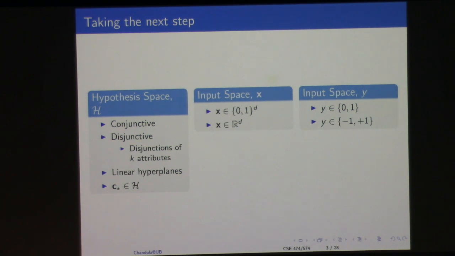Suddenly things become much more complex. You can no longer count the size of your space. Earlier you could say that the number of data points you can have is 2 to the power d, but now you could have infinite possibilities. So this is now what we will work with. Things change because of this assumption, and they become more interesting and more practical. It's a natural step forward.